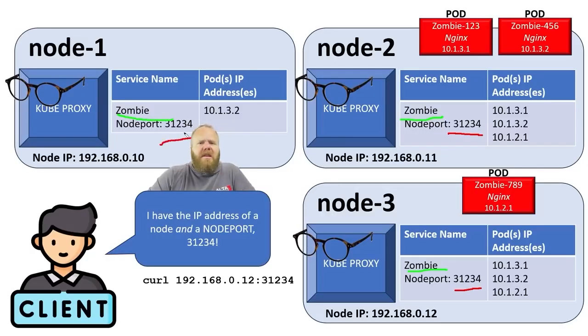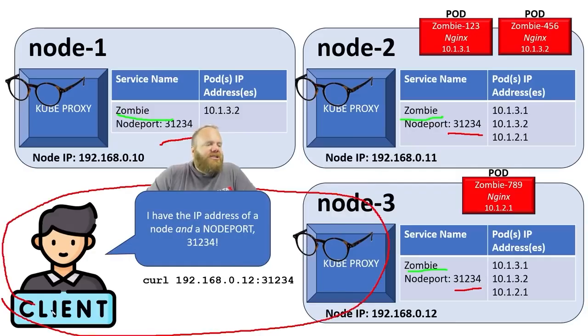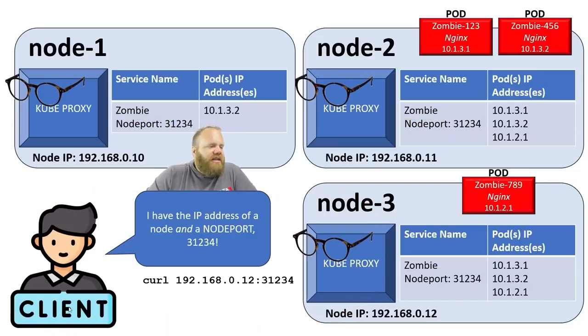This will always be a number between 30,000 and 32,000-something. Point is, node ports are always very recognizable. All right. NodePort services are the most primitive type of service that actually allows external access into the cluster without using kubectl.